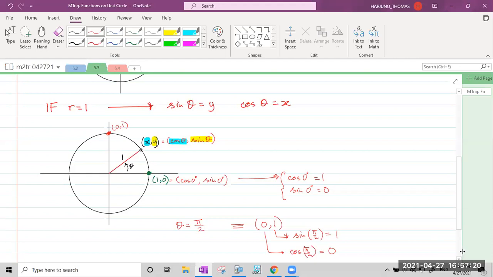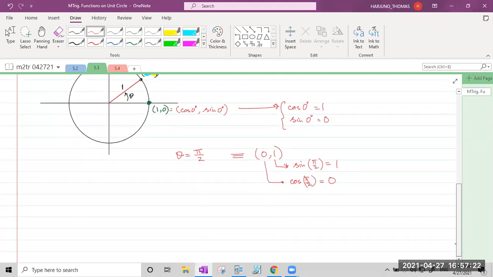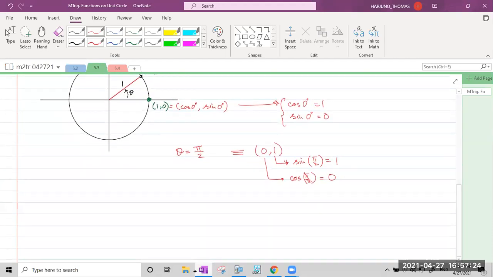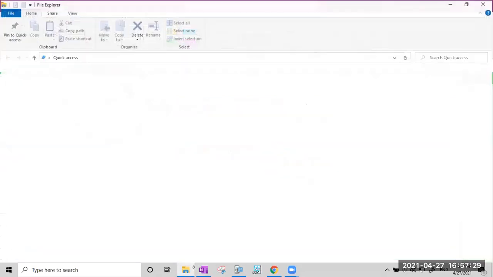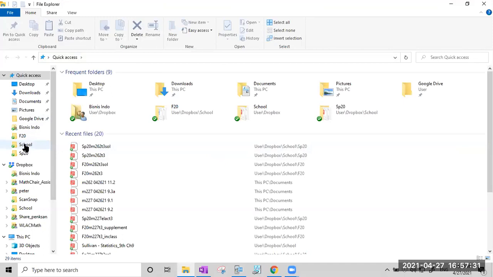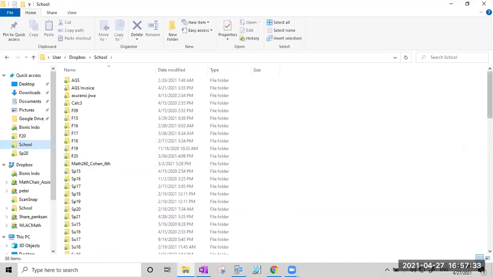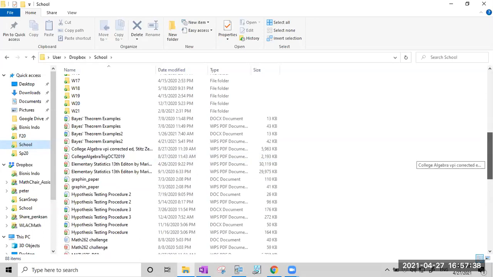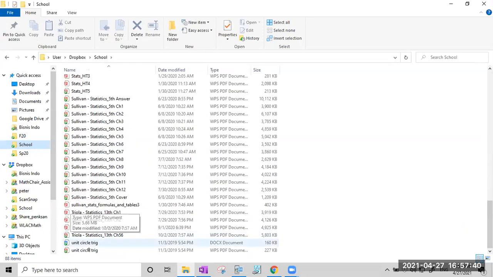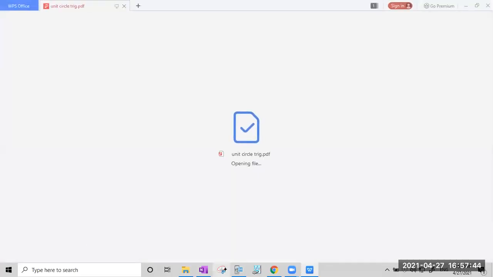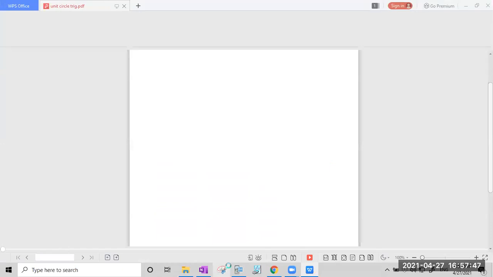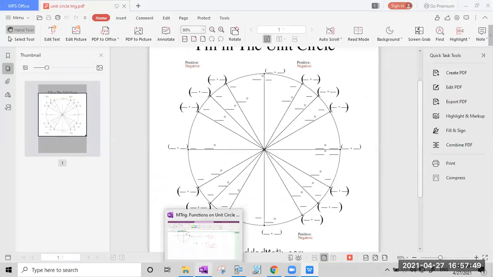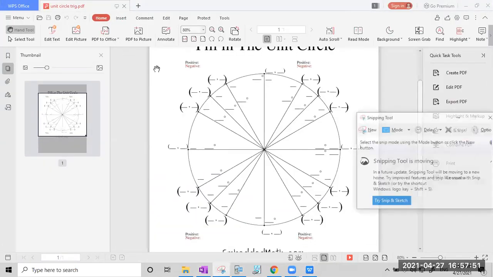Now that also gives us the following. Let me screenshot the following graph, which I actually showed you last week. Give me a second, the unit circle. Yeah, this one here.